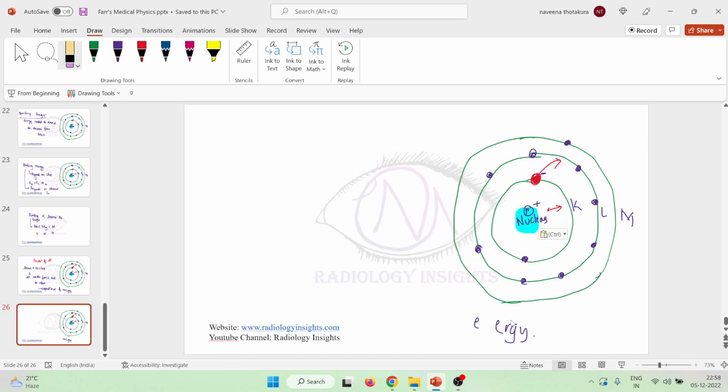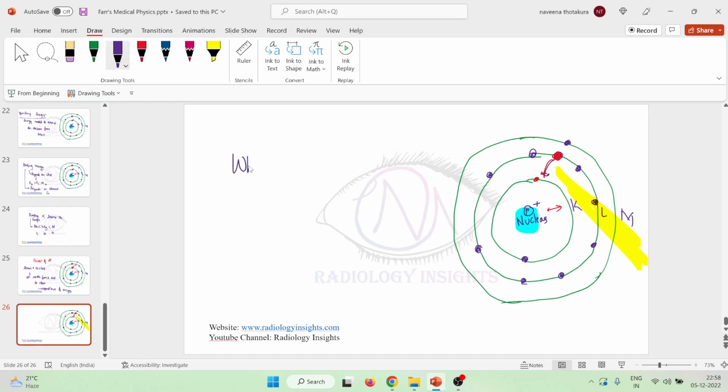Now, just as an example, this electron which is here went to here now. Now this electron will come back to its original position. While it is falling back to its original position, it releases some packets of radiation, which is called the quantum aspect of electromagnetic radiation.